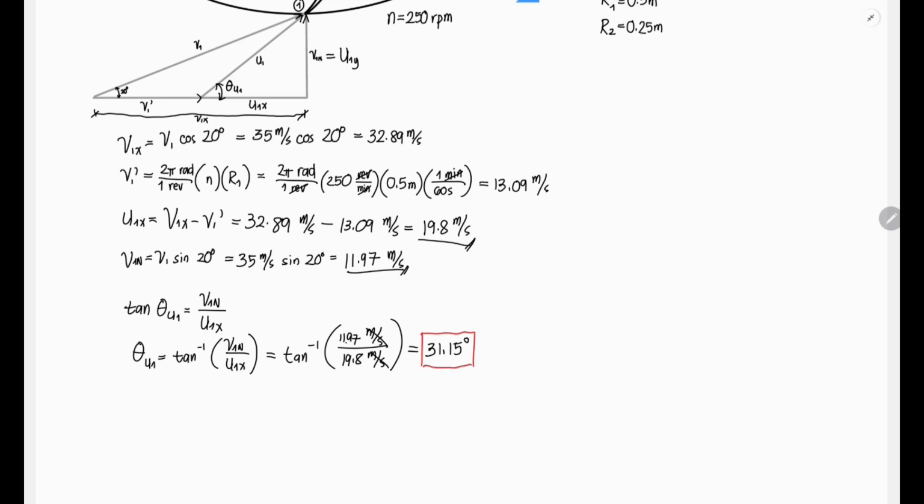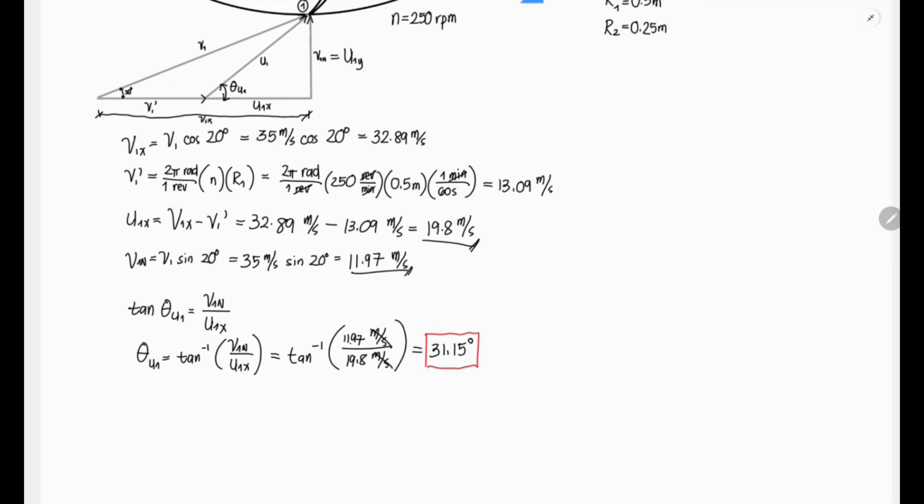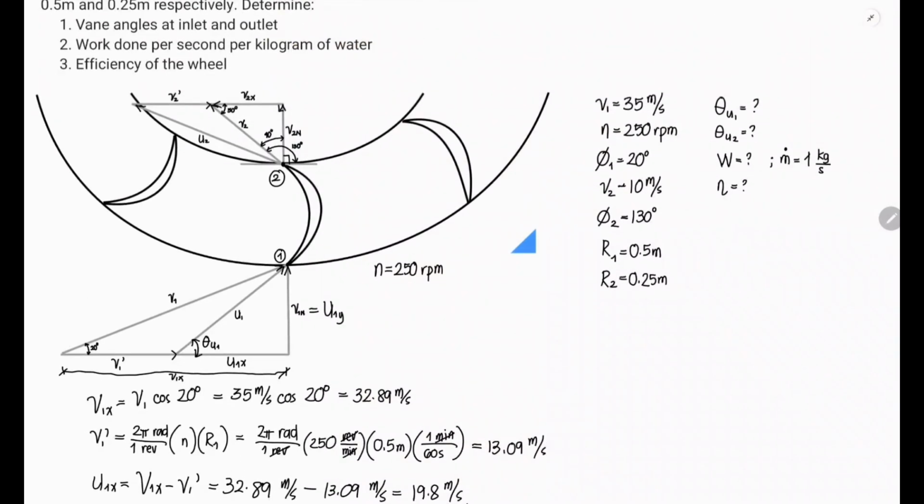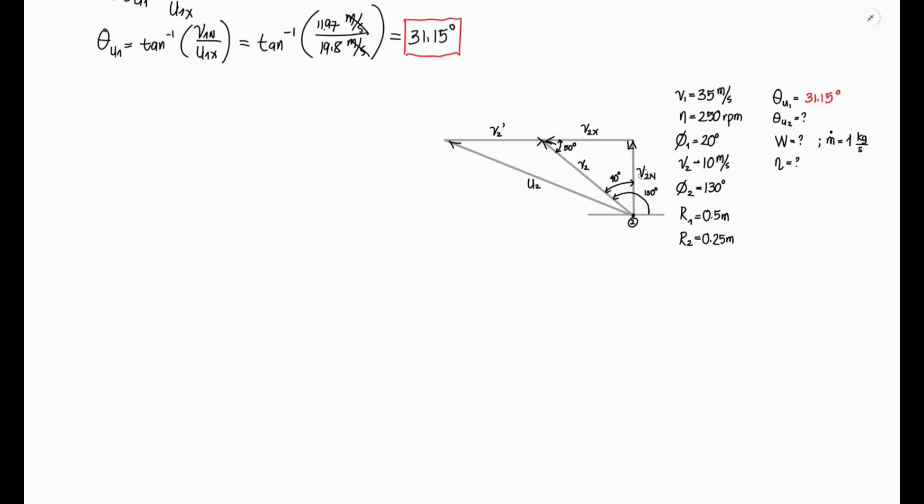Now, meron na tayong answer for the vane angle at inlet. So, isupply natin itong nakuha nating value for vane angle at inlet sa ating unknowns. So, that is 31.15 degrees. Ngayon, punta naman tayo sa point 2. Let's try to solve the v2n and v2x para ma-solve natin yung y and x component ng ating relative velocity at point 2.